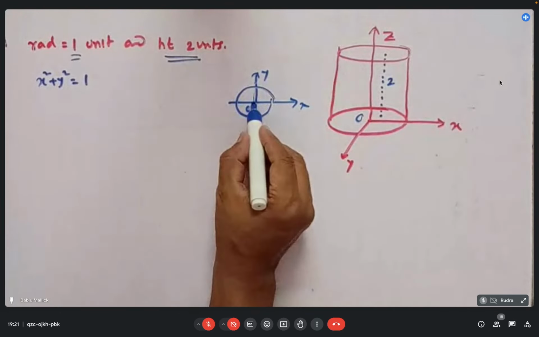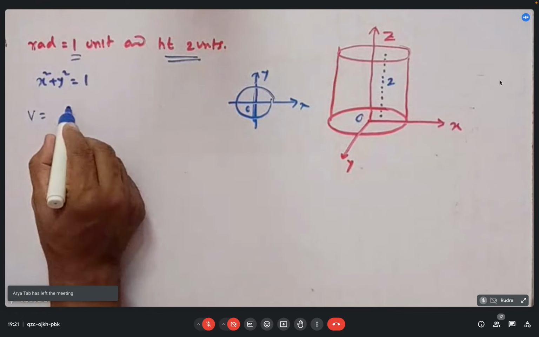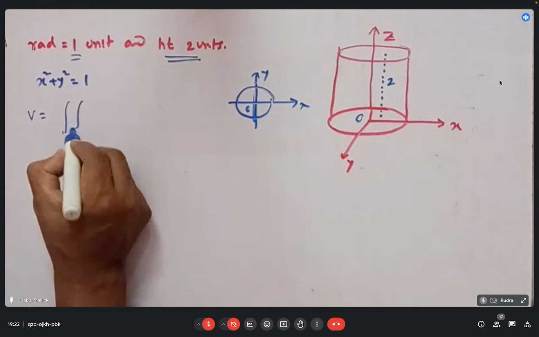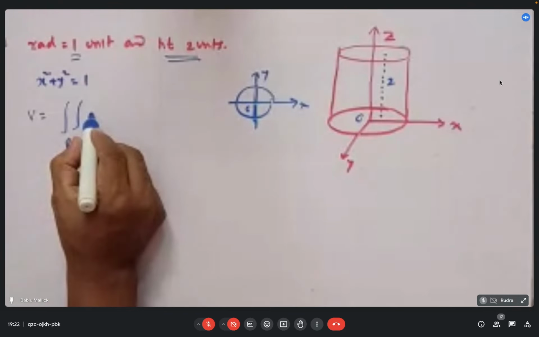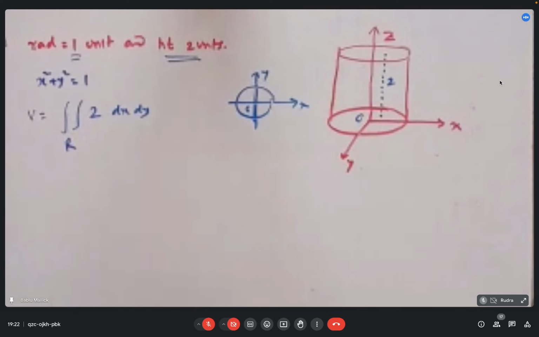So we shall integrate the height, and so the volume is double integration over R of 2 dx dy, where R is the area bounded by x square plus y square is equal to 1.